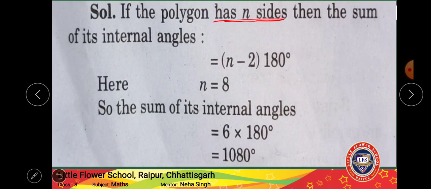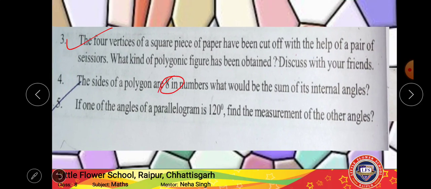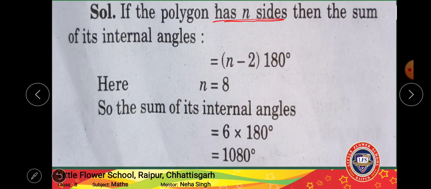We just need the value of n. We can see n is 8, right? n means number of sides. So the sum of interior angles will be 8 minus 2, that is 6, 6 into 180, which is 1080 degrees. Okay.